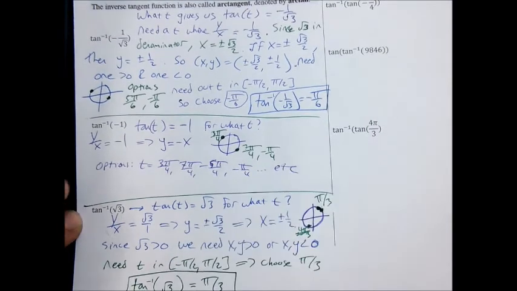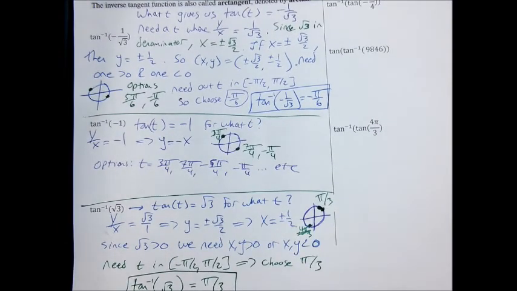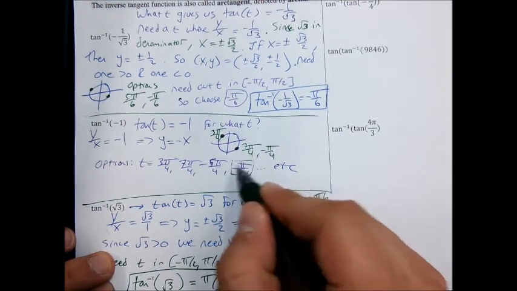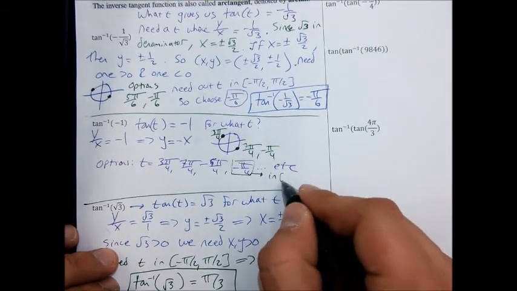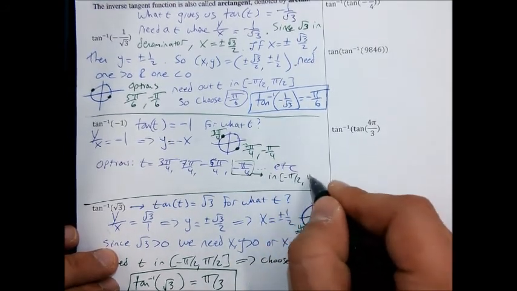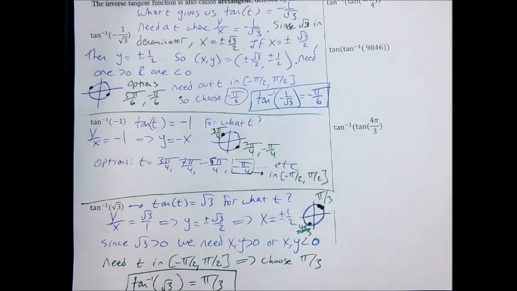There's lots of options. We want to pick the one that's between minus pi over 2 and pi over 2. And so this is the one that's between those two. This is the one that's in the right interval, and so we choose that one.